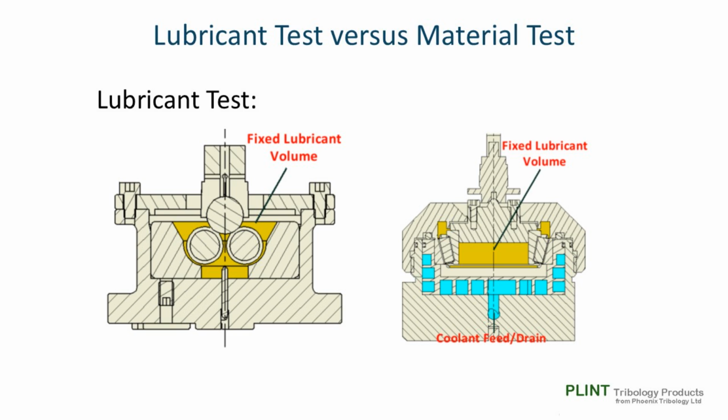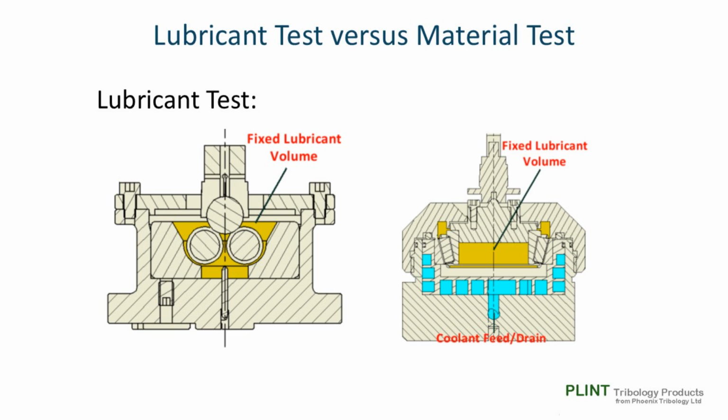Bearing tests to evaluate lubricant performance invariably involve subjecting a specified small body of lubricant to both temperature and mechanical shear to promote lubricant degradation and explore its resulting effects on material or bearing performance.